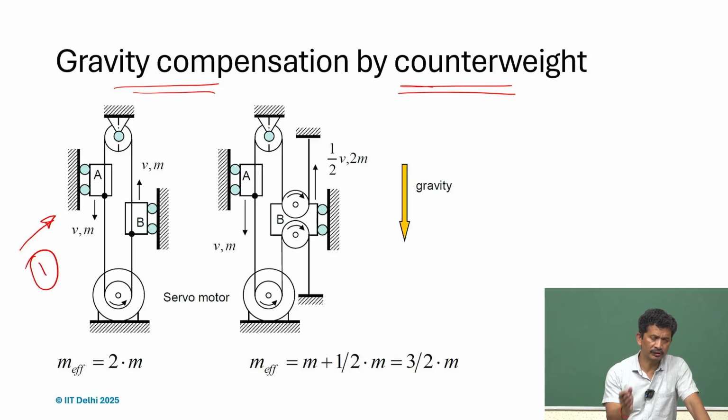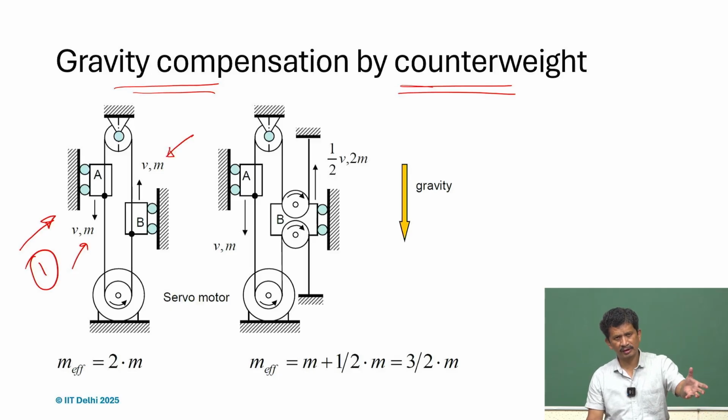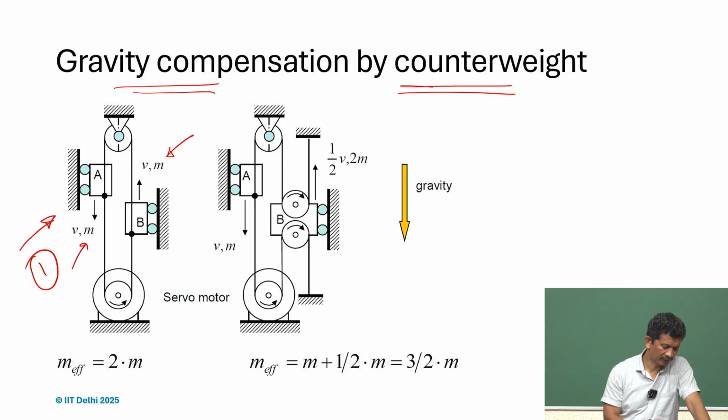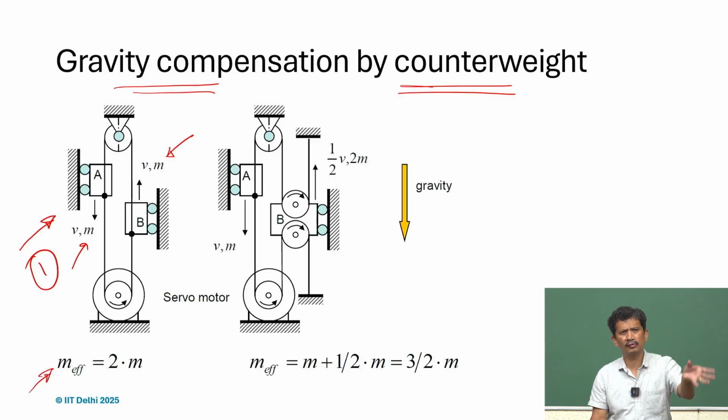So, on the opposite side, we put the same mass. Whatever mass we have, on the other side we also have the same mass, and it balances. So, quasi-static condition, it has constant energy. So, we can move it anywhere and place it. But effective mass on the servo is 2m, because the two masses you have to move.